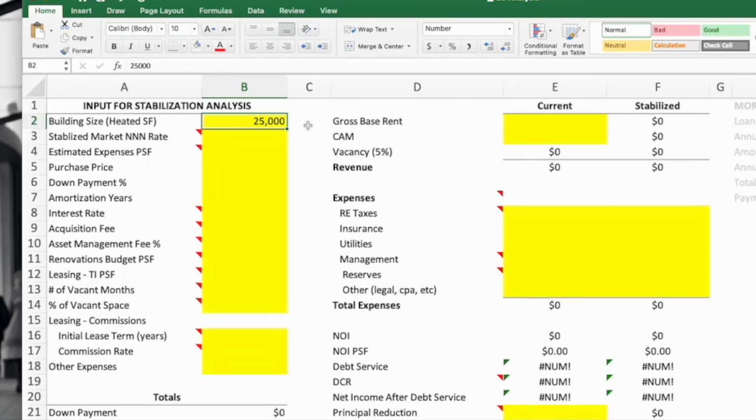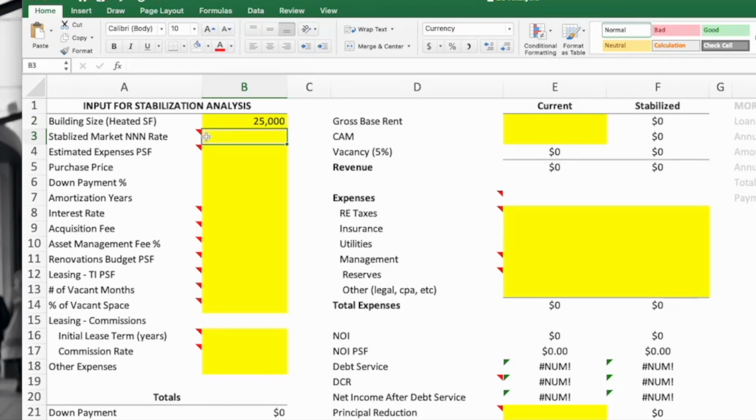That 500 square feet difference is just going to be like the awning and the sidewalk space that the roof overhangs so that customers can walk into the businesses. You don't get rent on that. So when you're dealing with multi-tenant retail, you want to make sure you're using the square footage that is rentable, aka heated.